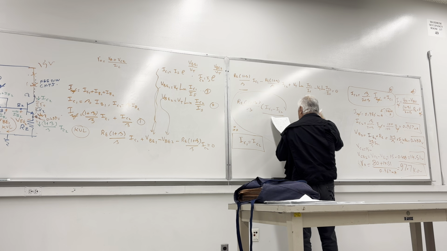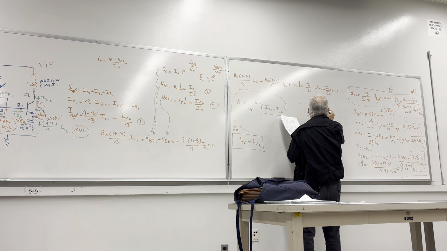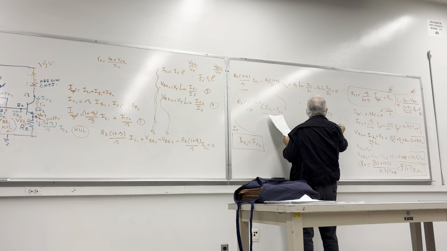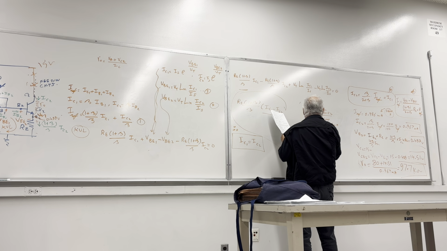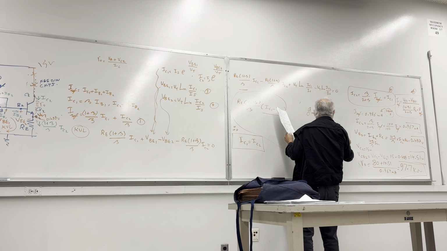GM of 2, transistor number 2, is equal to IC2 divided by VT, 0.986 milliamp over 25 millivolt, and that is a GM of 2 of 39.44 millisiemens.